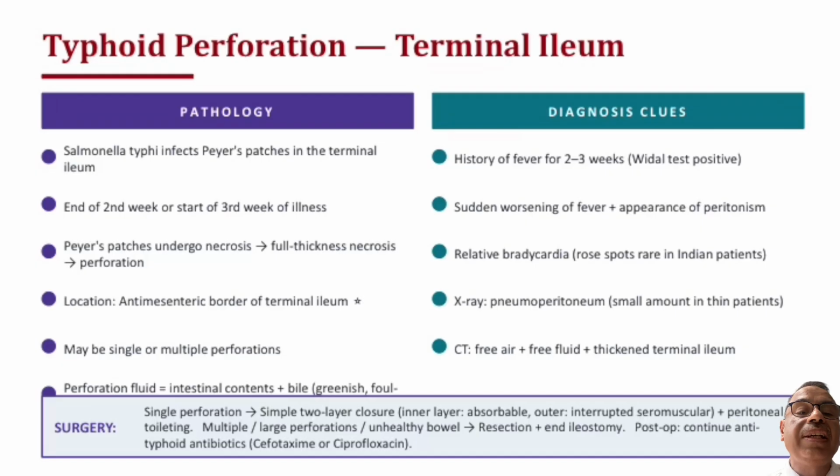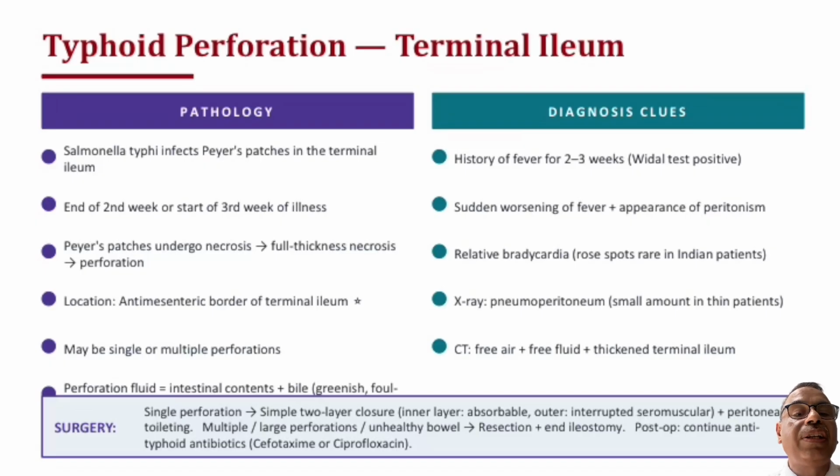In such cases, immediate surgery should be done under cover of antibiotics. If it is a single perforation, a simple 2-layer closure, absorbable inner and interrupted seromuscular outer, and peritoneal toileting should be done. If there are multiple perforations or large perforations, or the bowel wall appears unhealthy, that segment of bowel should be resected and the patient should undergo an end ileostomy and a mucus fistula.